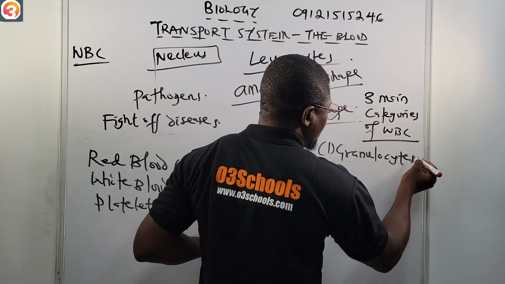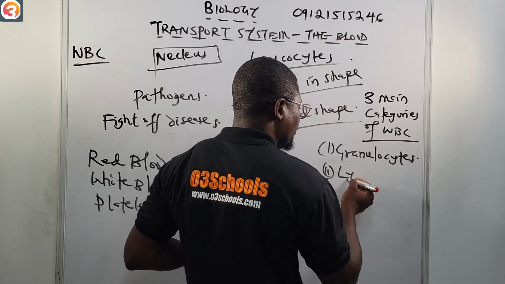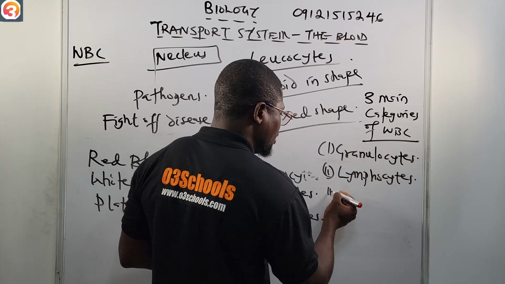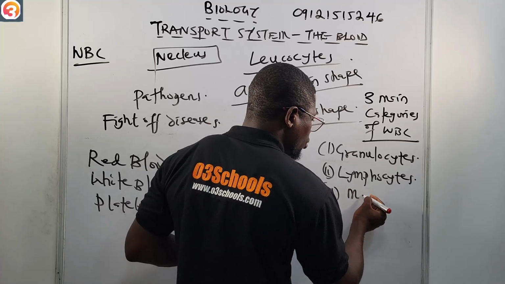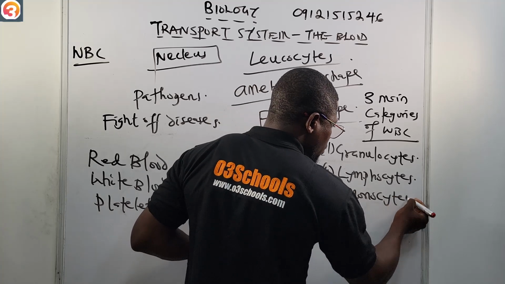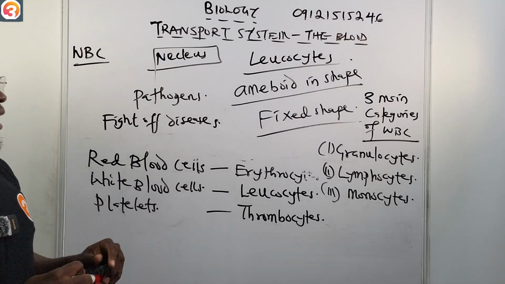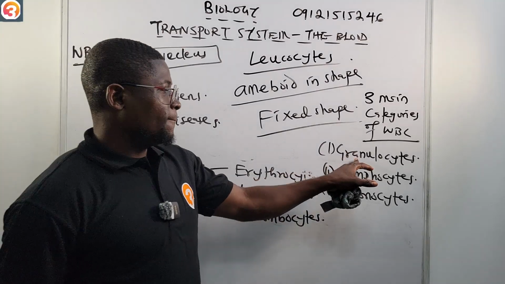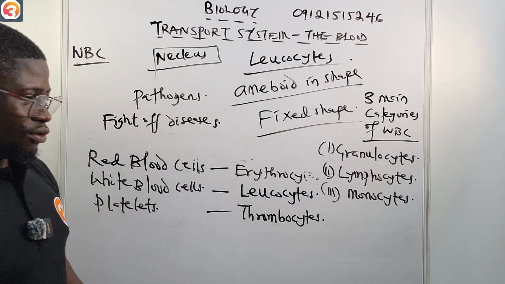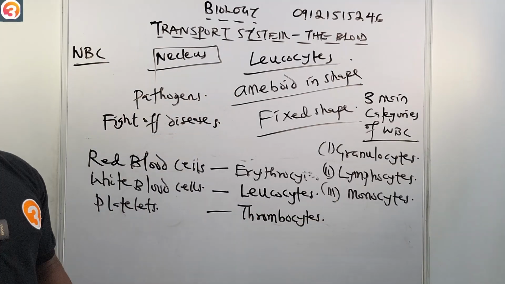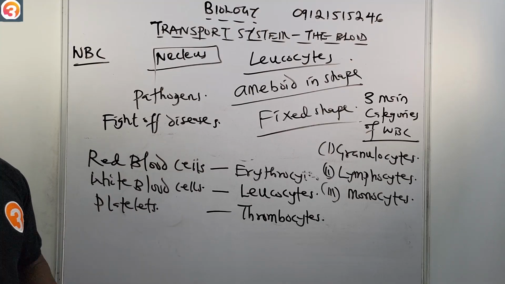Number two is the lymphocytes. Number three is the monocytes. These are the three main categories of WBC, of white blood cells or of the leukocytes in the body.